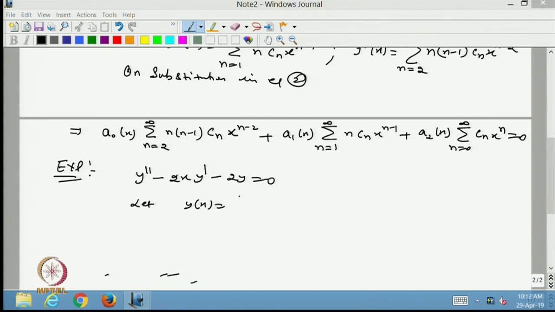So, let y of x be the solution, the summation n from 0 to infinity of Cn x^n, and then I can take the derivatives of this.